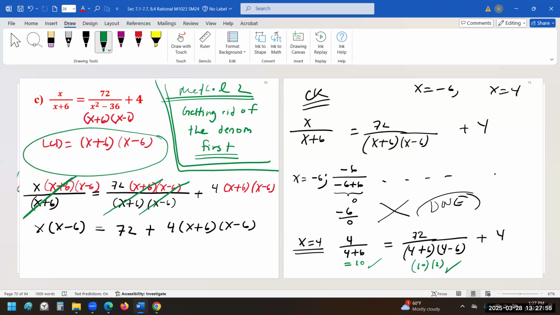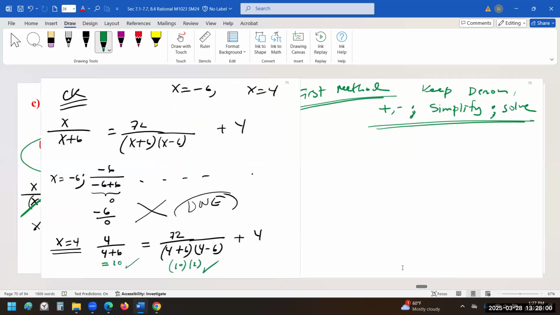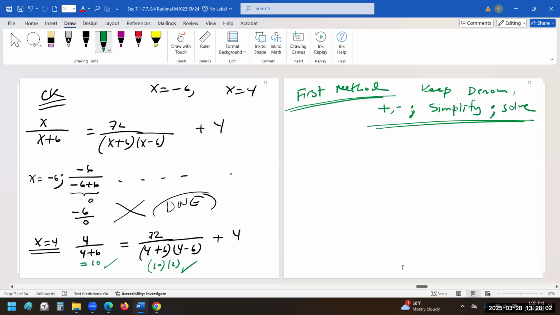Do both of them work? Somewhere you have to check your work. But if you do this method, where you add and subtract, simplify fast, you don't have to check, because when you simplify, all the problem gets solved. That's what I told you before. If you don't check, see what happens.